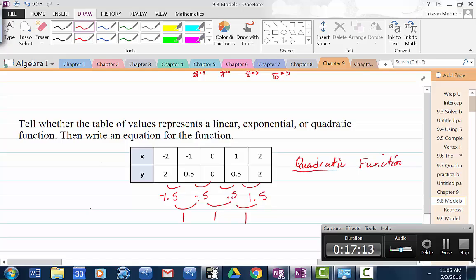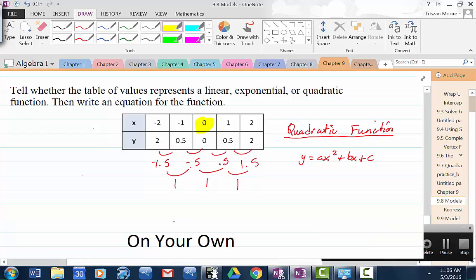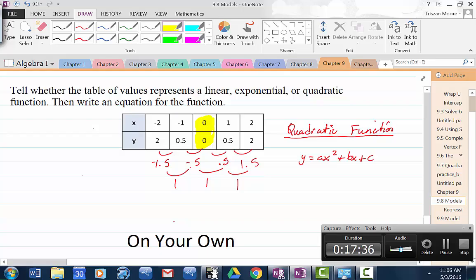In other words, if it's a quadratic function, it has the form y equals ax squared plus bx plus c. So if it has that, there's a couple of things we know already here. First off, not only do we know the vertex, we also know the y-intercept.